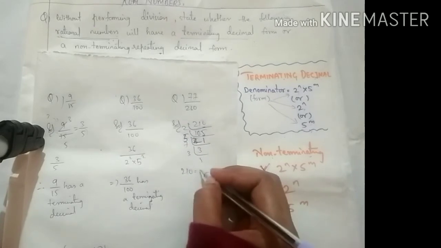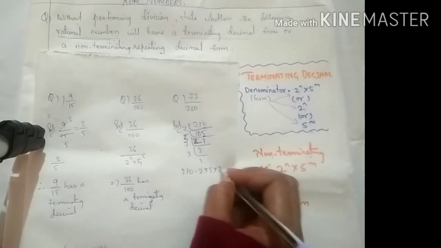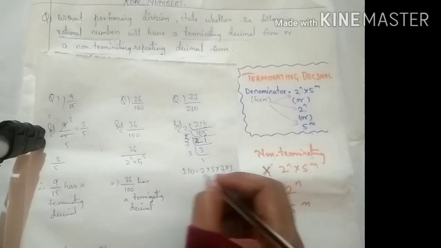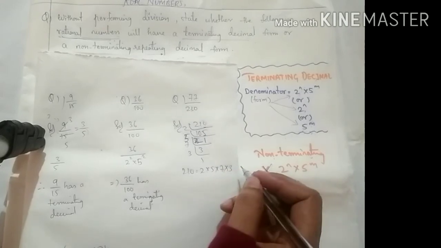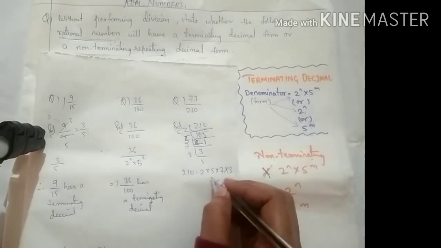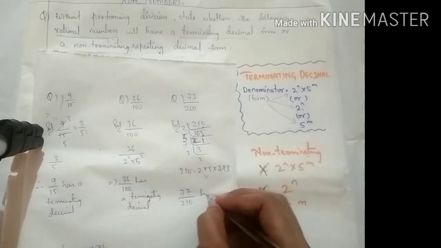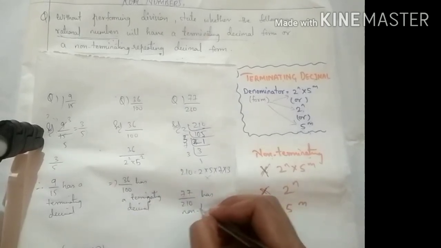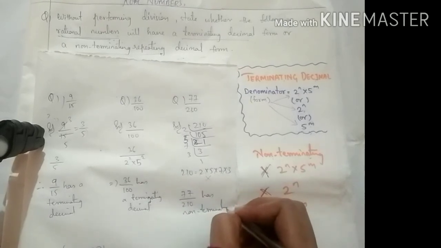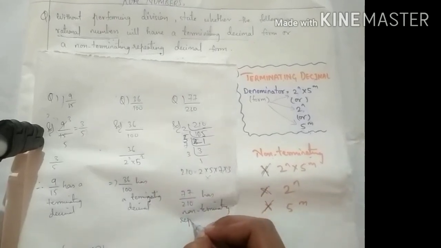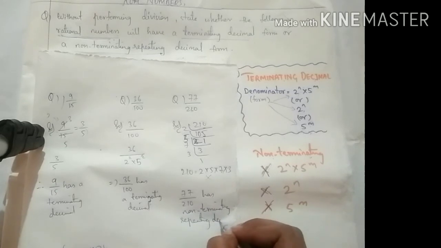Now these are all factors. In the place of 210 we can write 2 into 5 into 7 into 3. So here you can see that 7 and 3 are also there, so we can say that it has non-terminating repeating decimal.